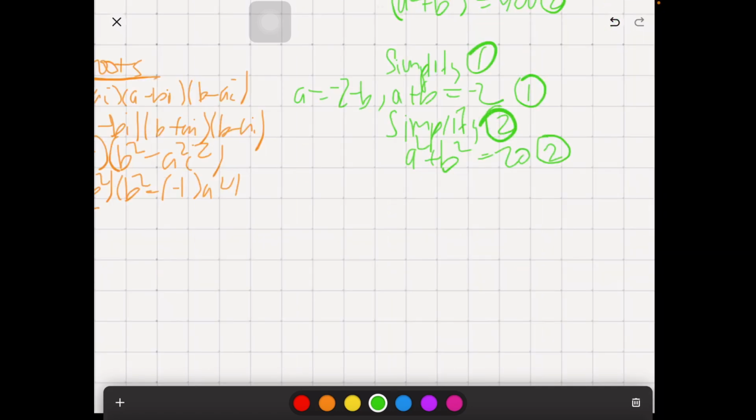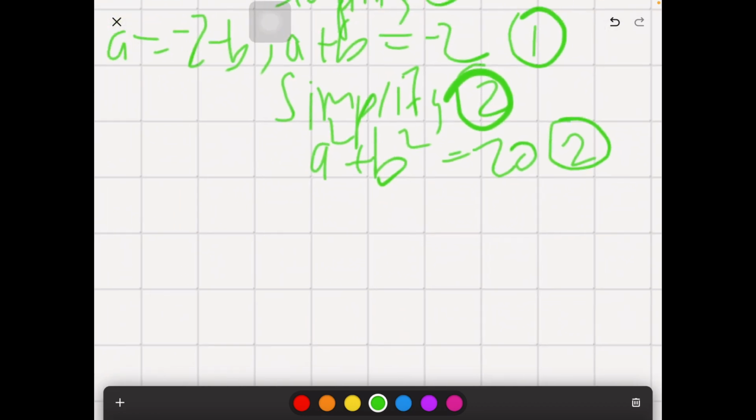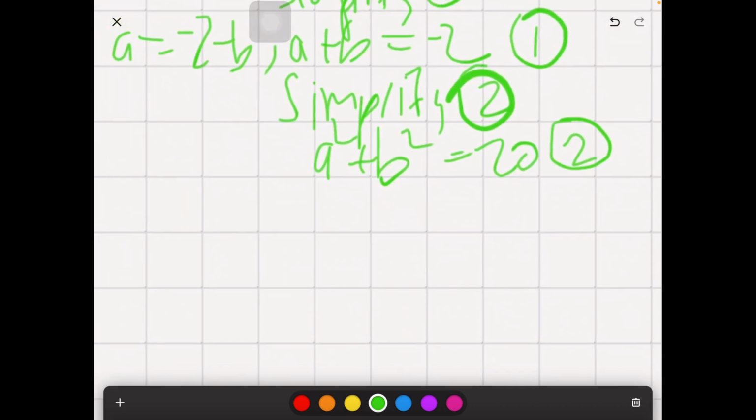So let's substitute that into equation 2. So this would be equal to, or not a squared, this would be equal to negative 2 minus b, squared, plus b squared is equal to 20.